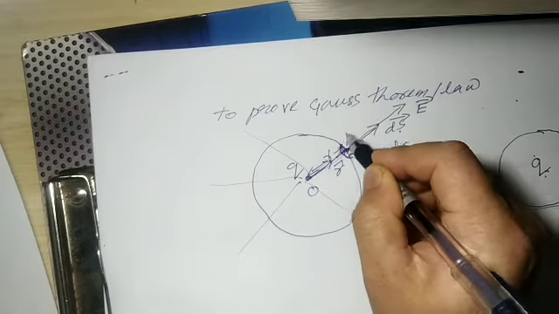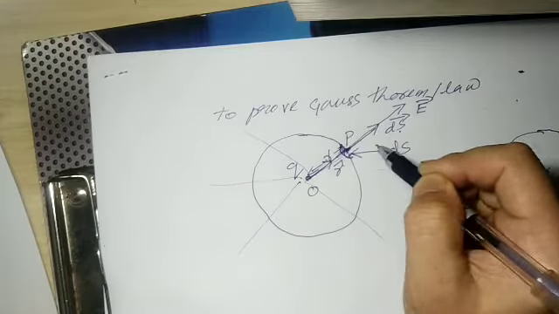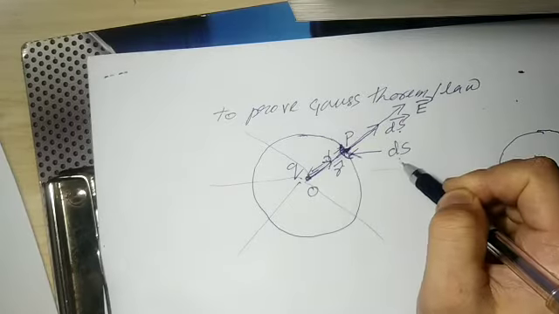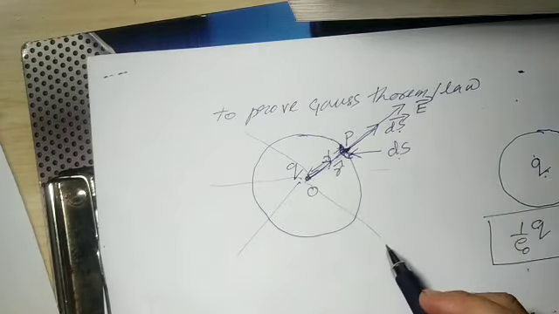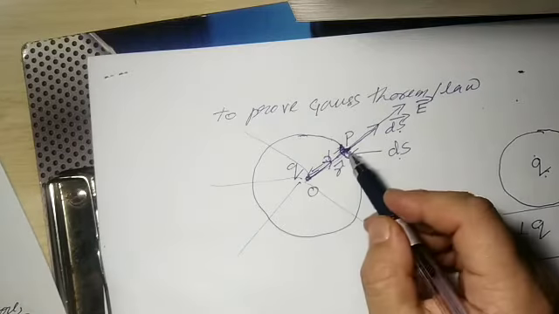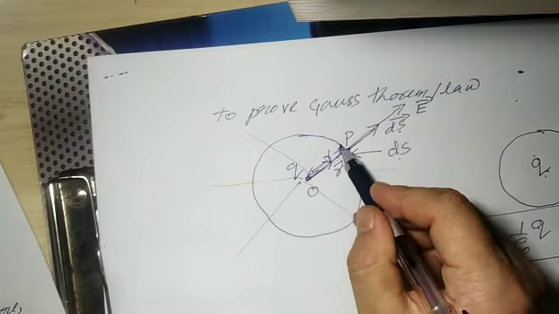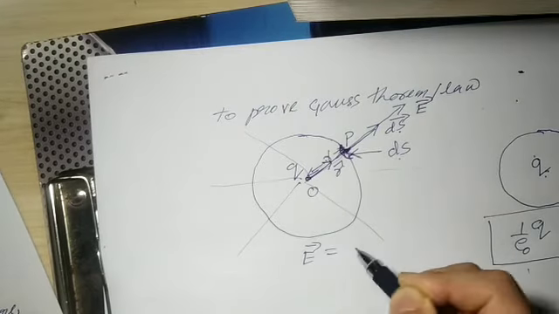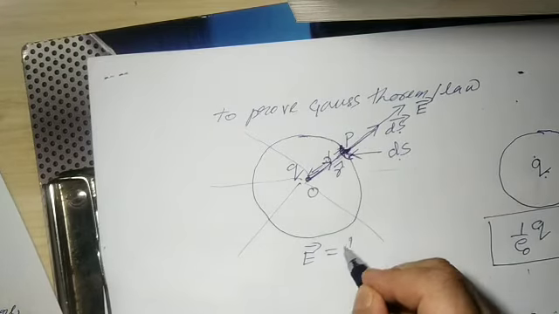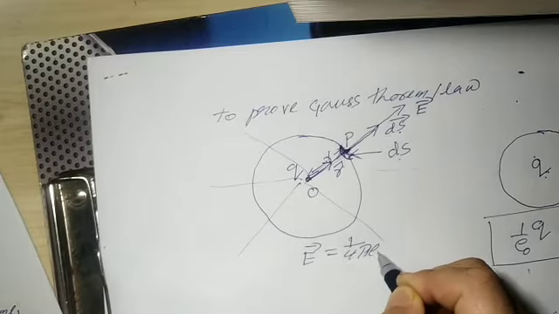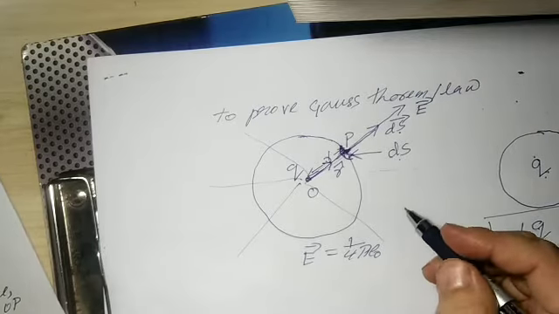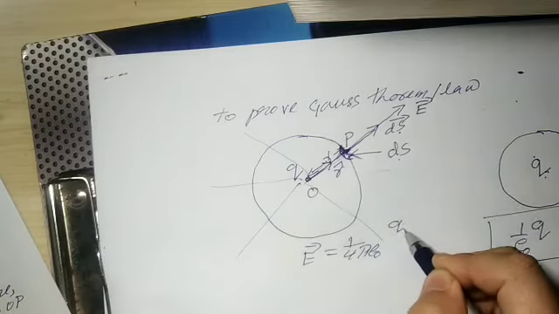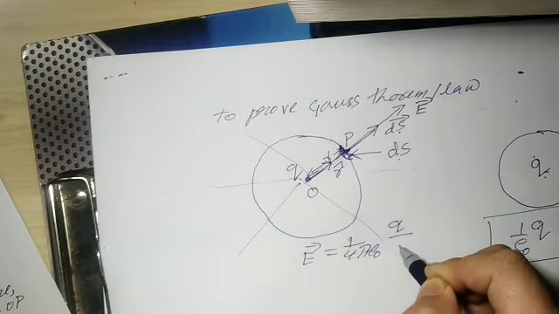Suppose this is point P. At point P you have taken a small surface element dS. So the electric field at point P will be E equal to, you know the formula, right? 1 by 4 pi epsilon naught, Q by r square.